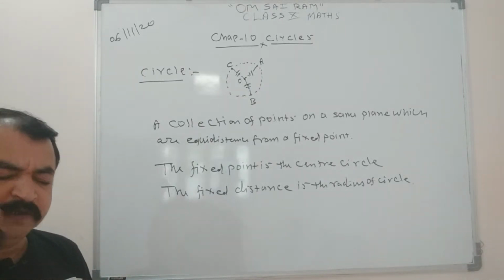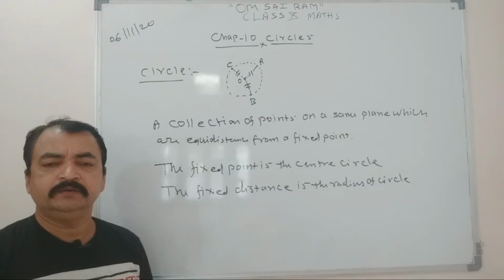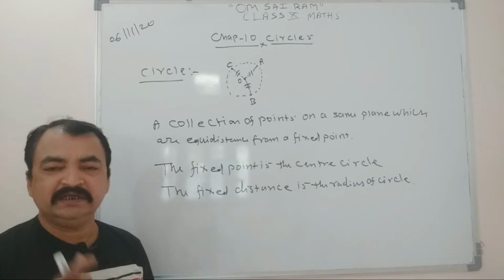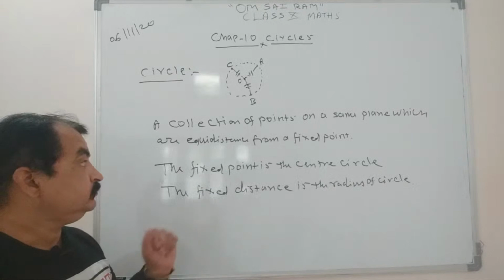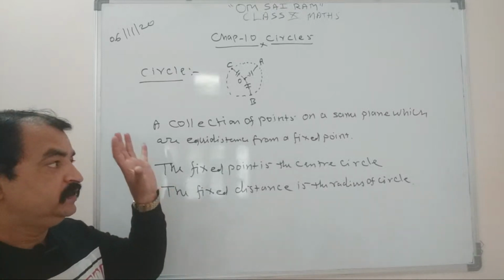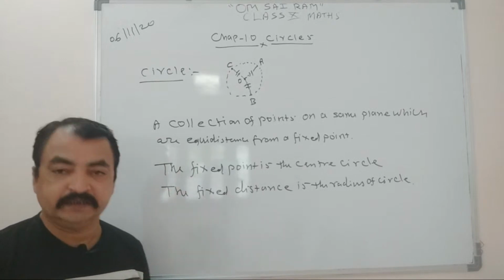This is the basic first requirement of the circle, children. Whenever we study the circle, we should be aware of the basic definition of the circle. Right, children? Okay. So now see, the circle is clear, fixed point is clear, and the fixed distance is clear.